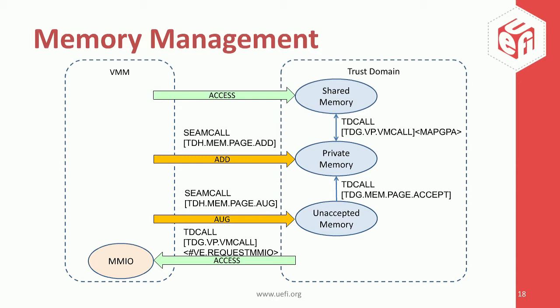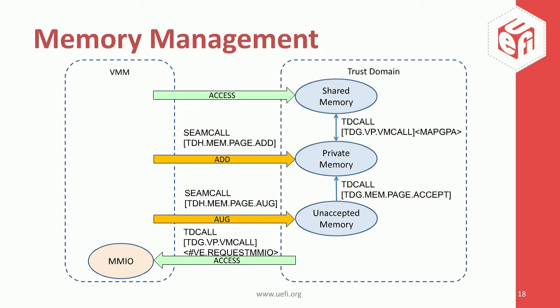The shared bit, also known as the S bit, is cleared for private memory, and the shared bit is set for shared memory. A TD can switch private memory to shared memory or switch shared memory back to private memory, using a TDVMCALL called map GPA.